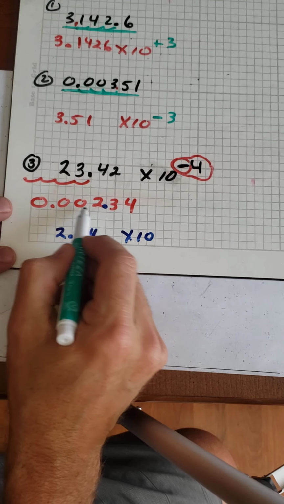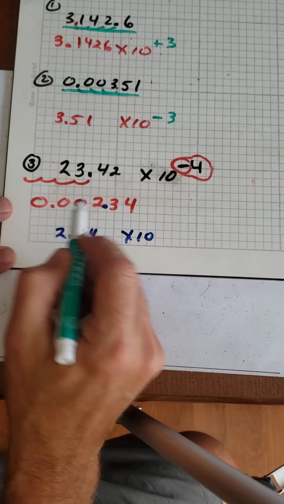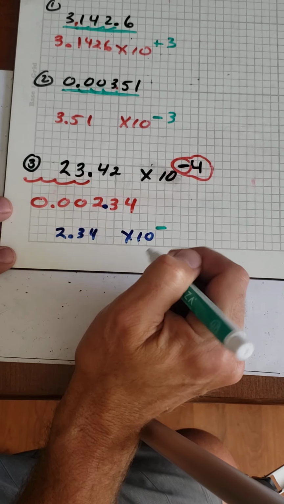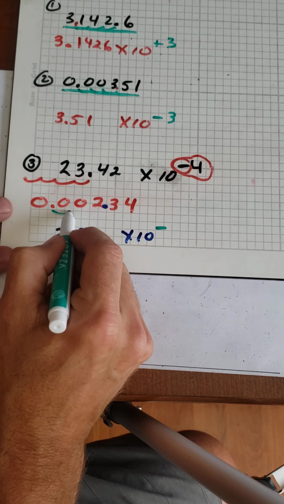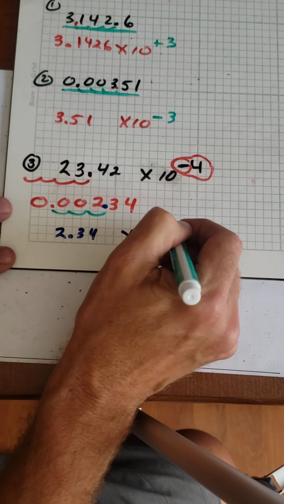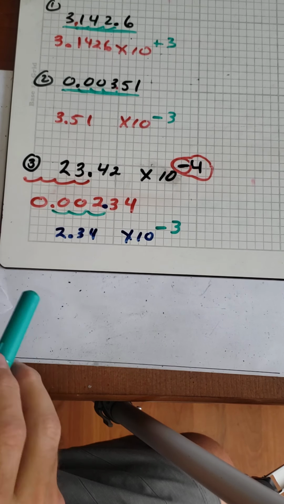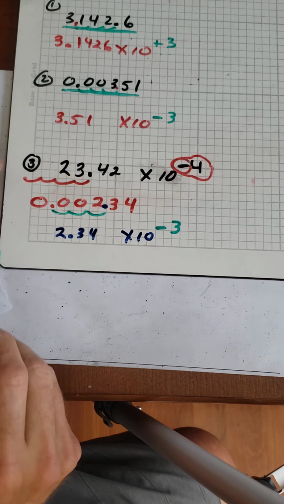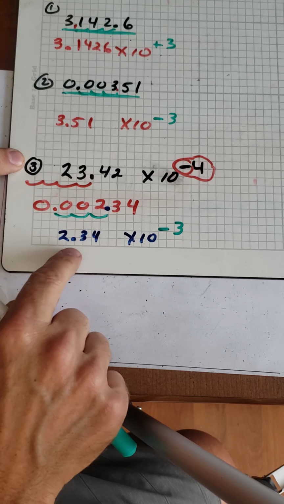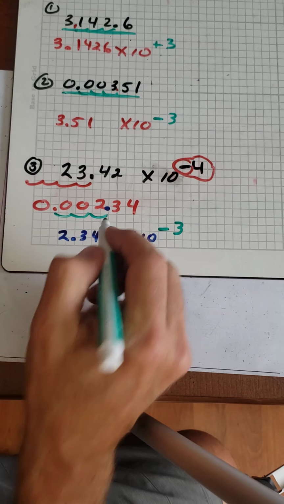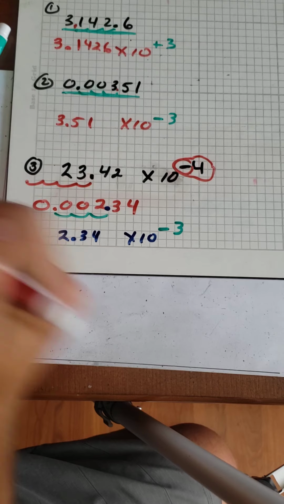Well, I see this number here is less than 1, so that means it's going to be negative. And then I need to move it 1, 2, 3 times. So 10 to the -3. Okay? So there's my answer. The answer to this question right here is 2.34, actually 2.34. I don't know why I left that 2 off of there.